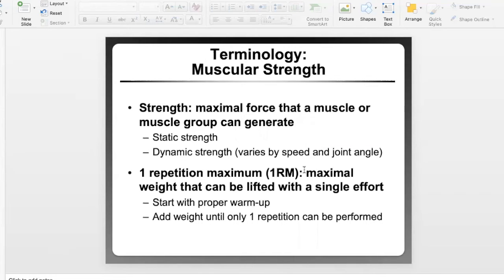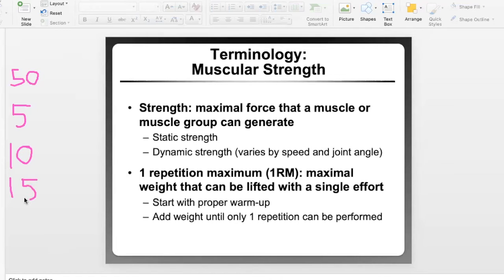So usually what we'll do is we'll estimate your 1 repetition max. And the way to estimate it is to use a lesser amount of weight. Let's say I use 50 pounds. I only have 225. Well, if I can do 50 pounds for 5 reps, that's not as many reps as obviously if I do 50 pounds for 10 reps or 50 pounds for 15 reps.